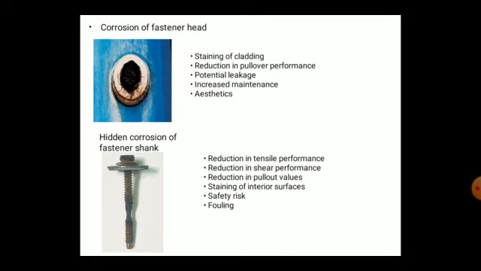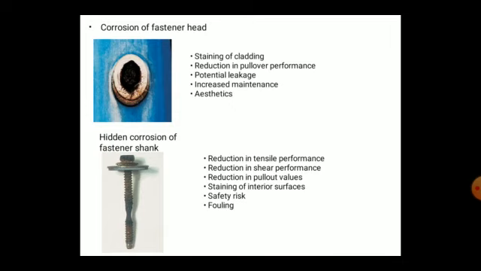So staining or cladding, and potential leakage are there. When you are using the nut and bolt arrangement, some inside material may be poured onto your nut and bolt assembly. Foreign particle contamination, dust, and all these things may cause corrosion.